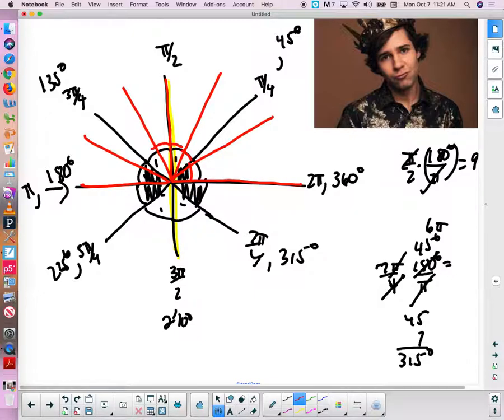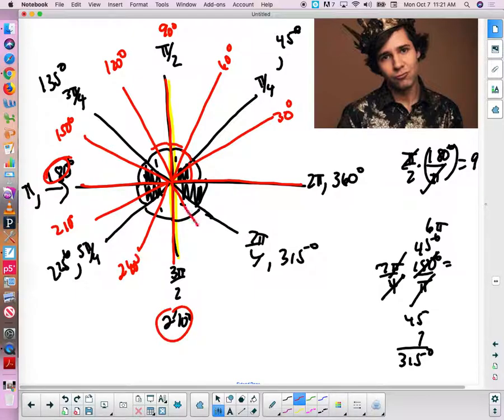Let's write that. 30, 60, 90. Does that coincide with what we've learned today? 120, 150. What's 30 more? 180, 210, 240, 270. 30 more is 300, 330. Those are real important angles you've seen.